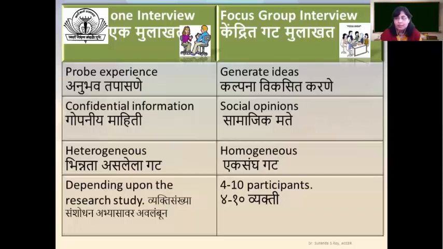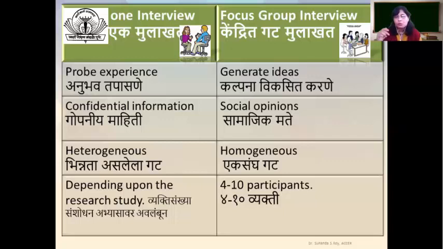But if it is a homogeneous group, then focus group interview is best used, because as I said, the gender or age. These are just two factors. There could be so many other factors, rural, urban. There are so many factors depending upon the objective of your research. So if it is a homogeneous group, go in for focus group interview.